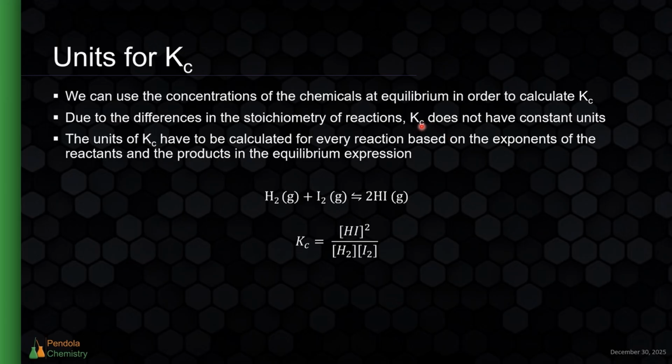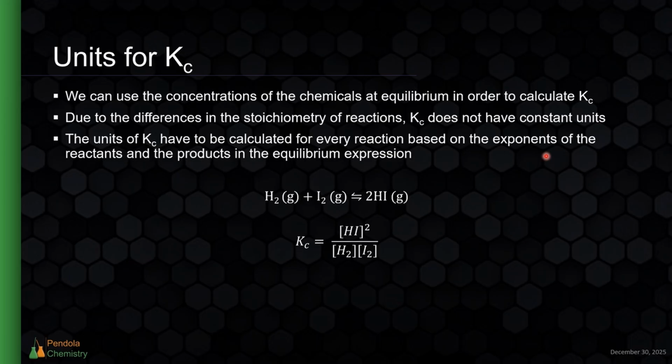It does happen as well that Kc sometimes does not have units at all. So Kc could be calculated to have no units or to have some variation of moles per cubic decimeter to some exponent. So let's look at this, for example.